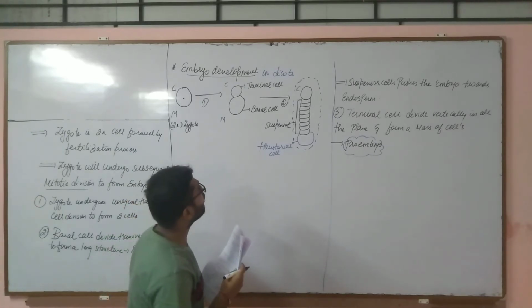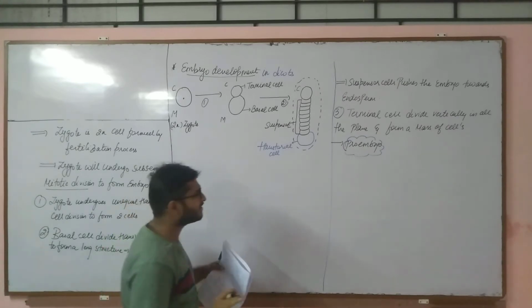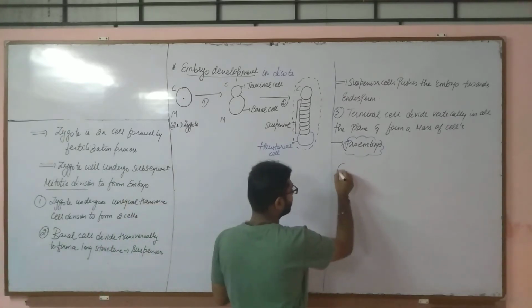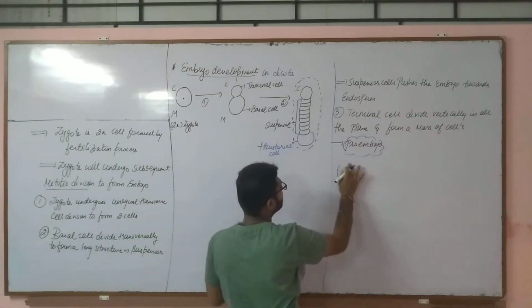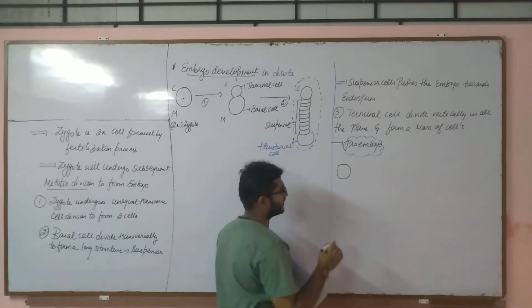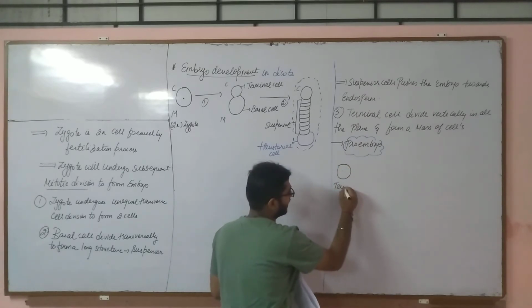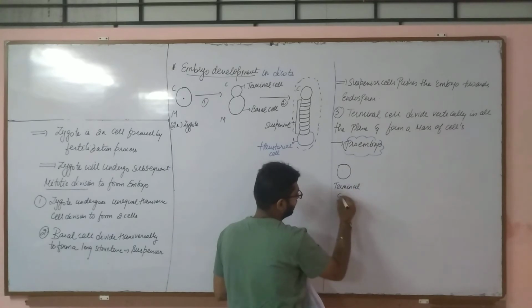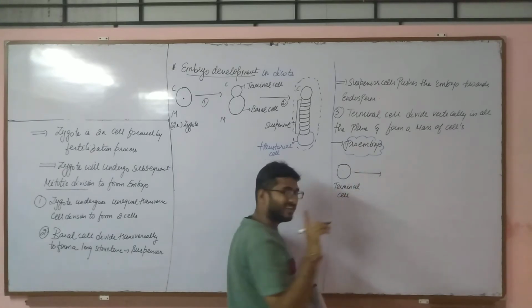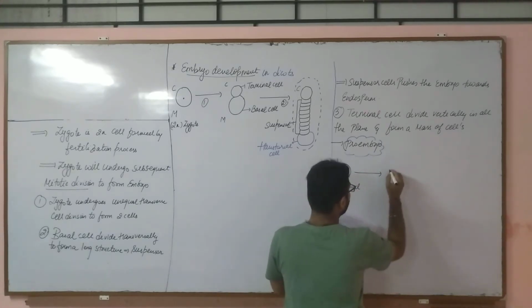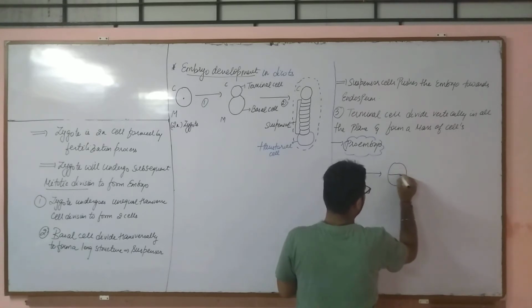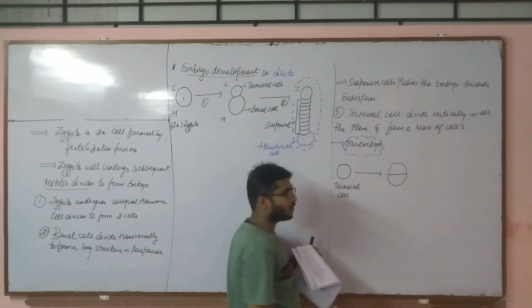Now how does the division of the terminal cell take place? Say for example, this is the terminal cell that is located towards the chalazal end. This is the terminal cell. With the first mitotic division, two cells will be formed.